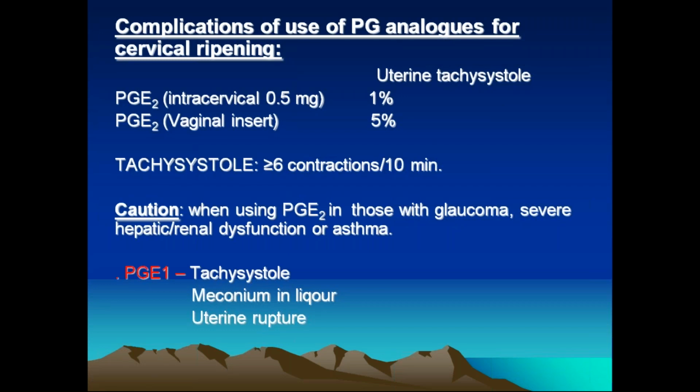And in patients who have glaucoma, severe hepatic or renal dysfunction, or asthma, we should not use this E2. And coming to the PGE1, that is misoprostol, complications will be tachysystole and meconium-stained liquor, and there is more chance of uterine rupture with misoprostol.